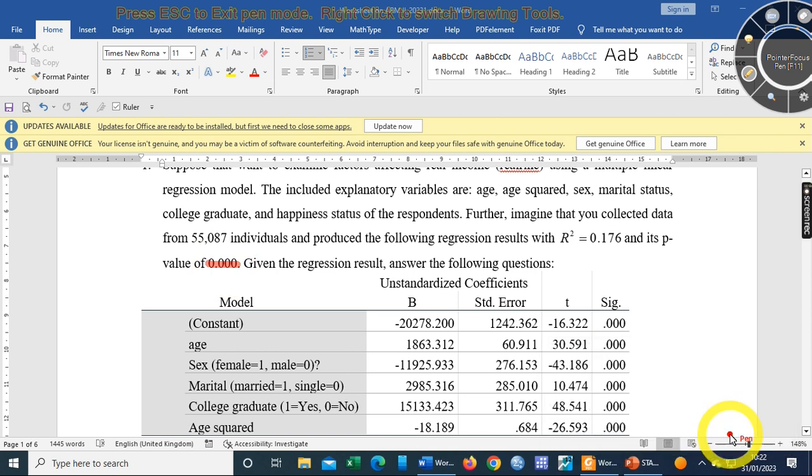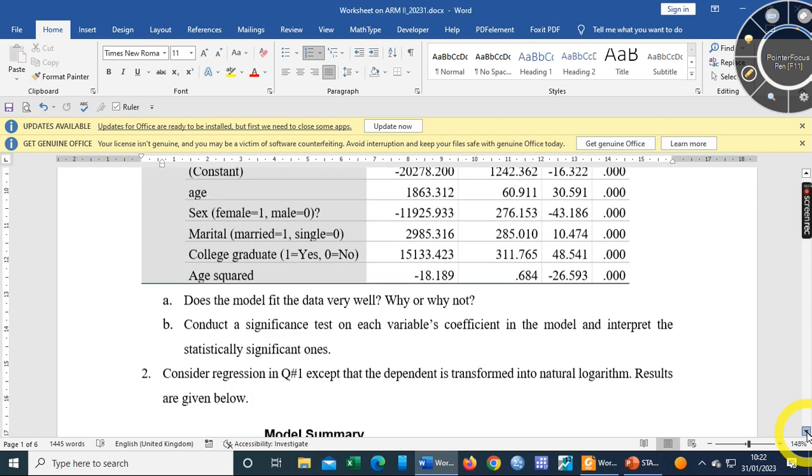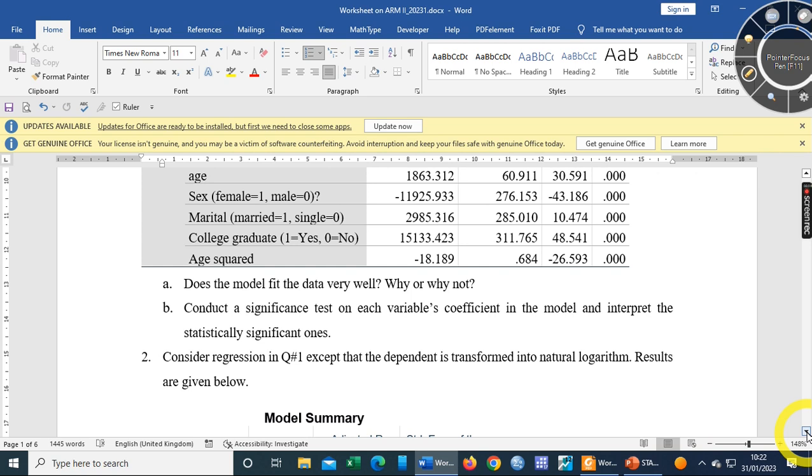Therefore, the model is really relevant for decision making. And coming to question number B, which states that conduct a significance test on each variable's coefficient in the model and interpret the statistically significant ones.